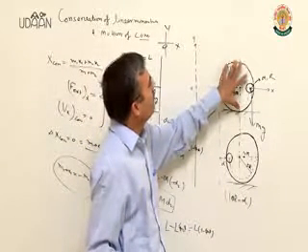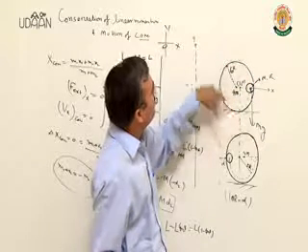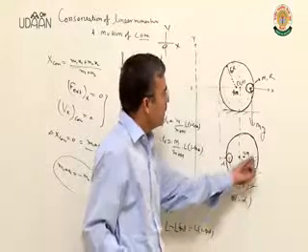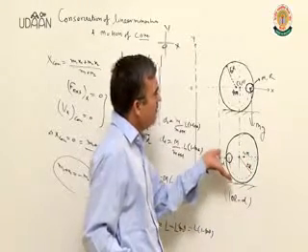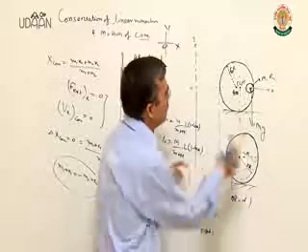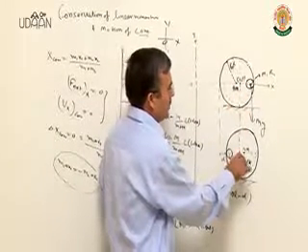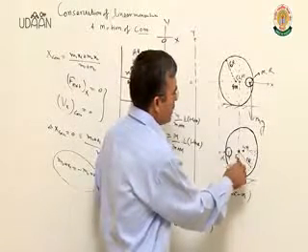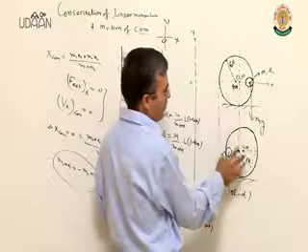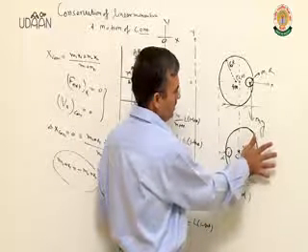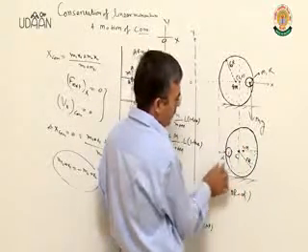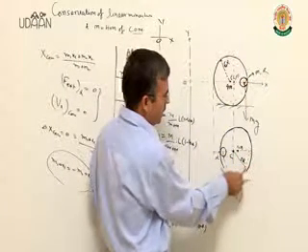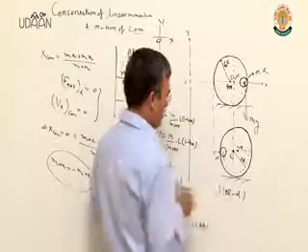If we keep the bigger sphere constant, the small sphere is shifting 10r distance this side, because the center of mass does not change its position. It is a common center of mass, it is not changing its position. So the bigger sphere has to shift this side by d distance. So the capital M mass sphere will shift towards left by that much distance.